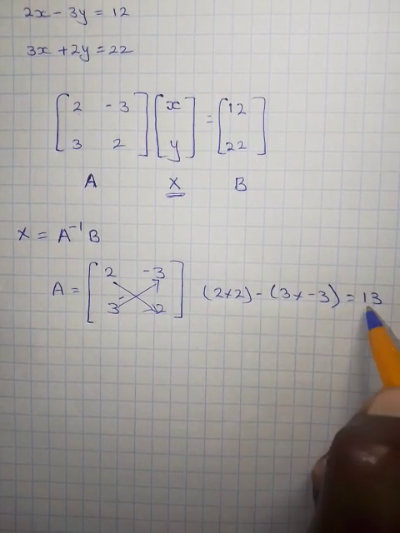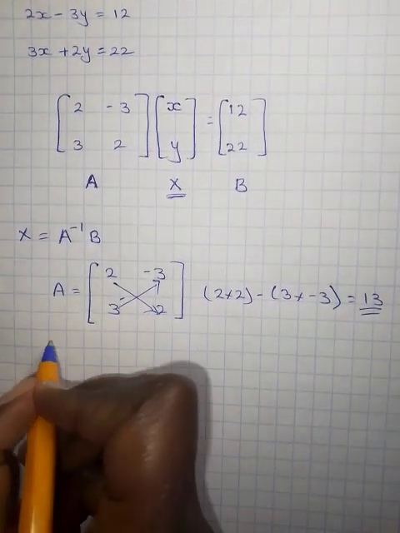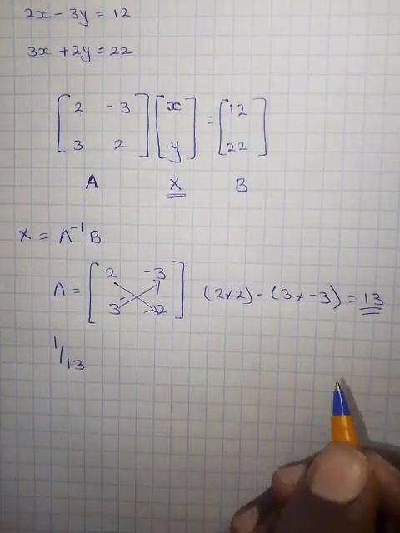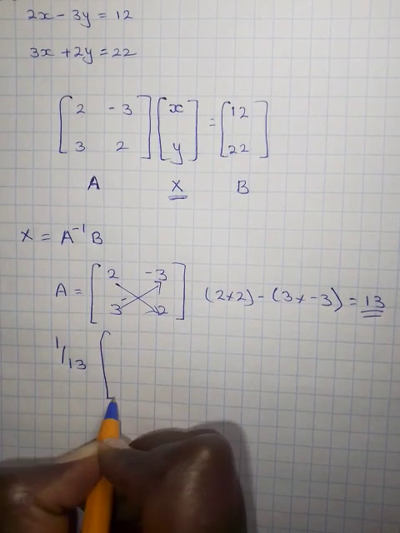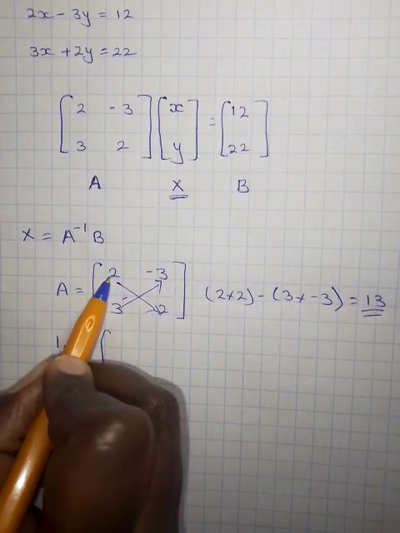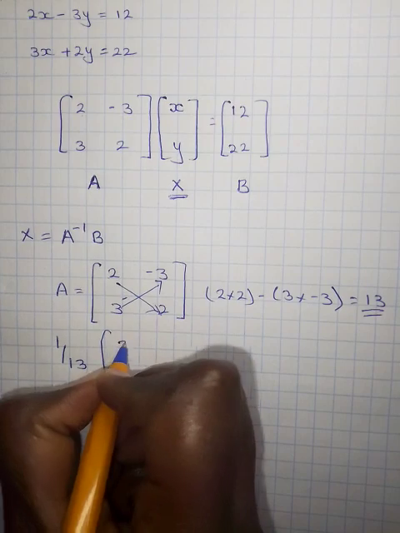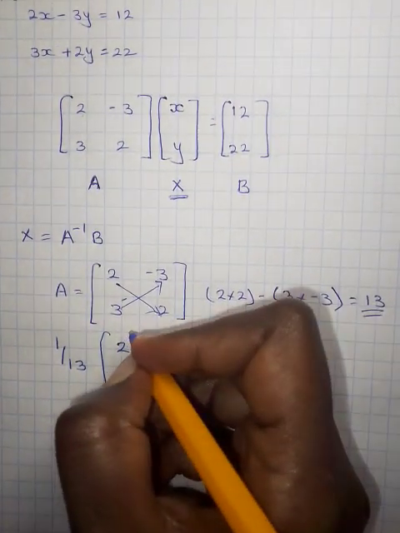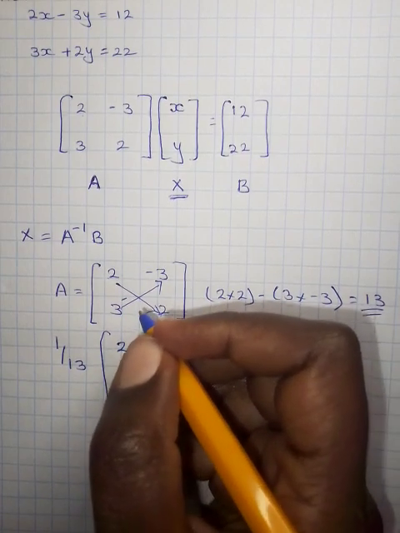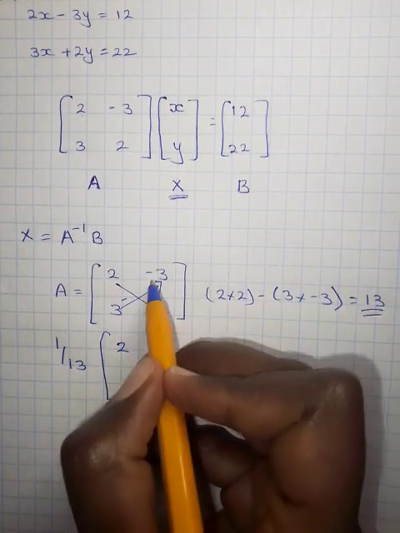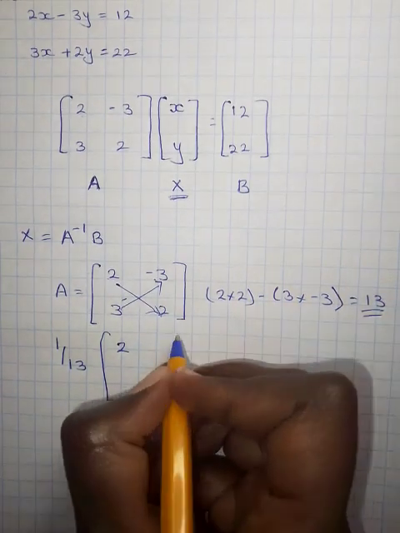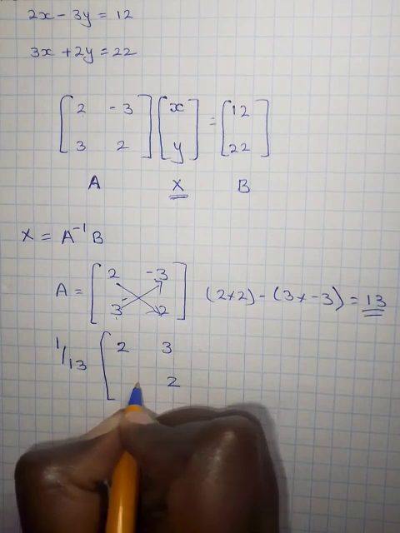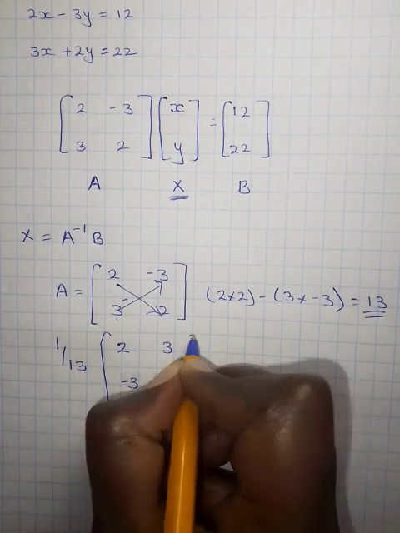Now that is the answer you get. You take the reciprocal, which is 1 over 13. You multiply that by the matrix where you interchange the top left and bottom right diagonal, which is 2 and 2, and then you negate the other elements. This negative 3, you add a negative sign to that, it will be 3. This 3 becomes negative 3.